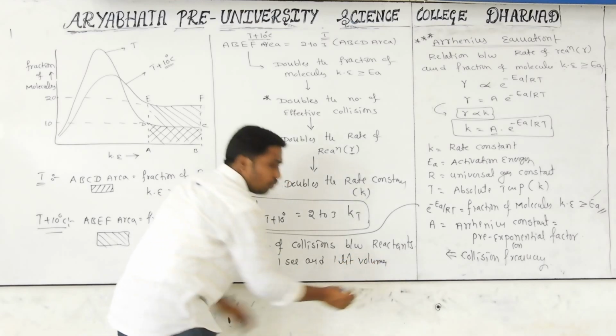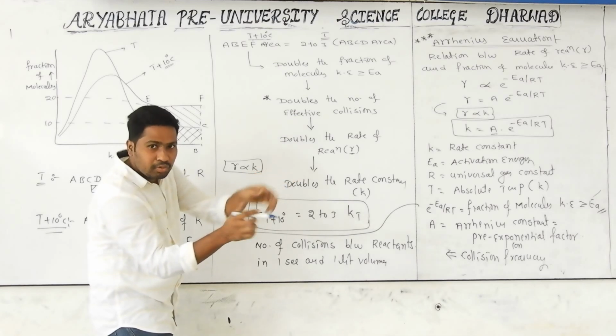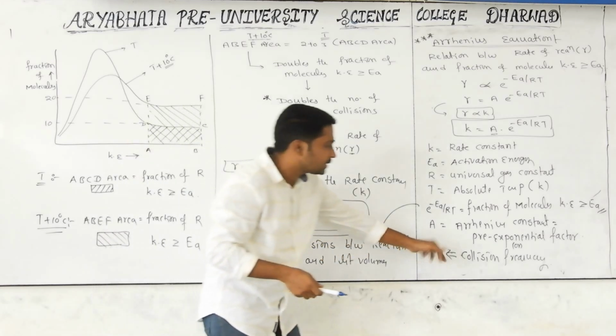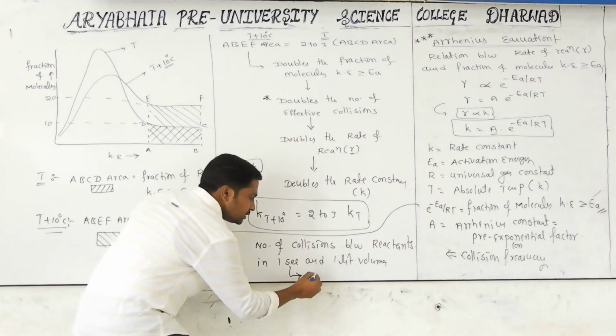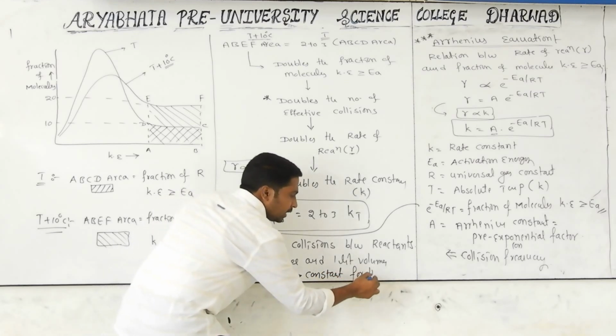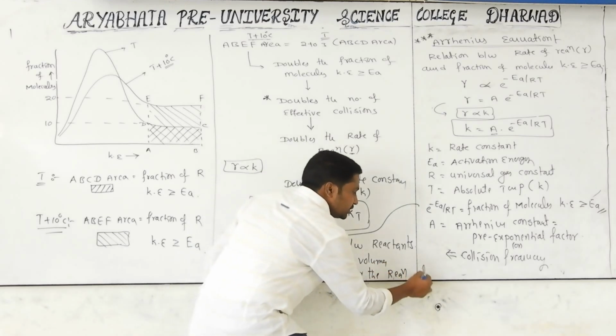We take 1 liter volume of the reactants, and between them some collisions will be going on. Within 1 second, how many collisions happen? That is what we call collision frequency. The collision frequency value will be constant for a particular chemical reaction at all temperatures.